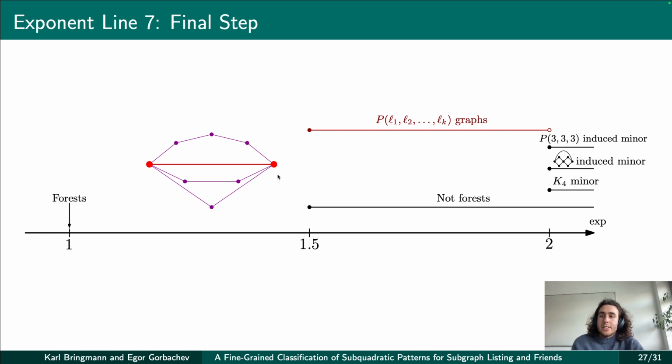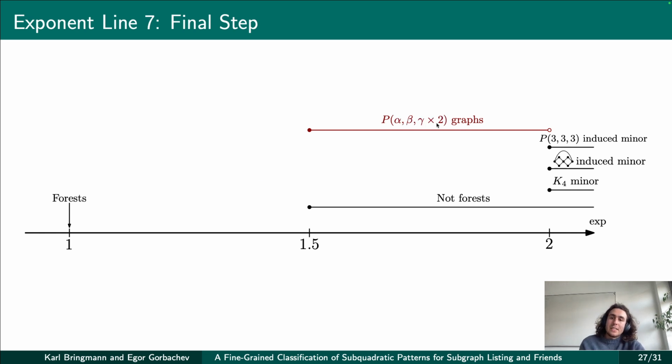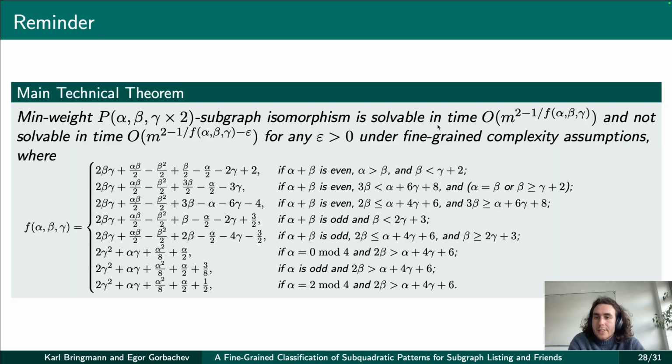As we already restricted ourselves to only graphs with no clique separators, we can finally say that the graphs of interest for us are exactly P alpha beta gamma times 2 graphs. And indeed, all of them do admit subquadratic algorithms. So we finally arrived at the family we were looking for.